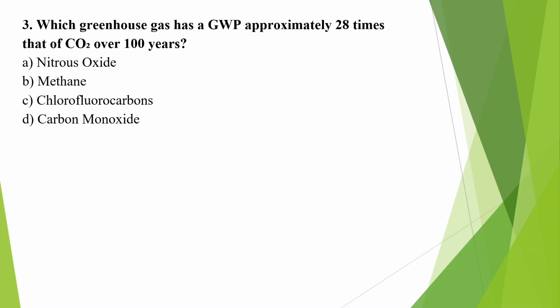From the very beginning you were answering option C for all the questions. Now choose the appropriate answer for this question as well. Let's see how many of you can recall and understand the global warming potential concept very well.